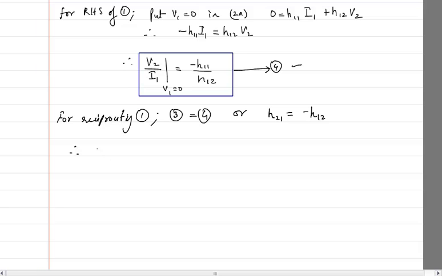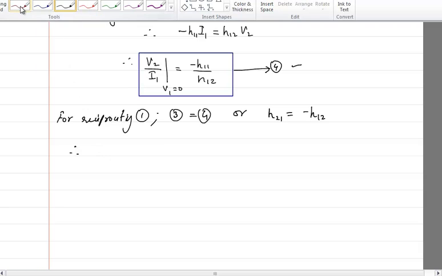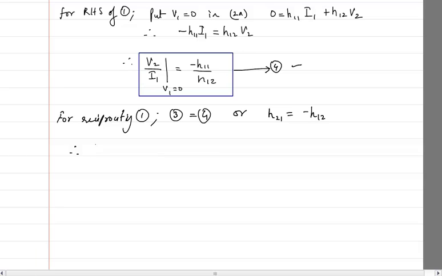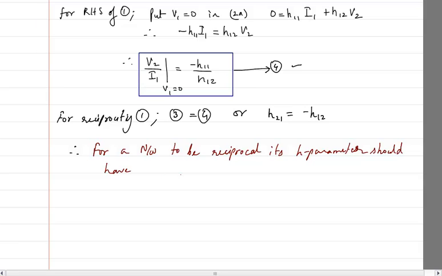Let me write it in a different color. For a network to be reciprocal, its H parameters should satisfy the condition that H21 is equal to minus H12.